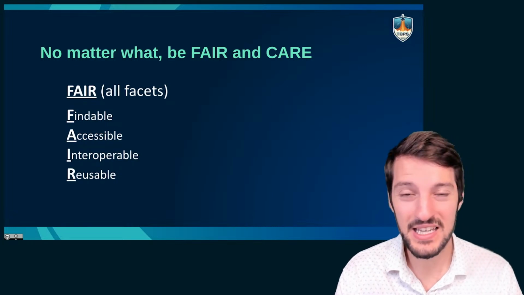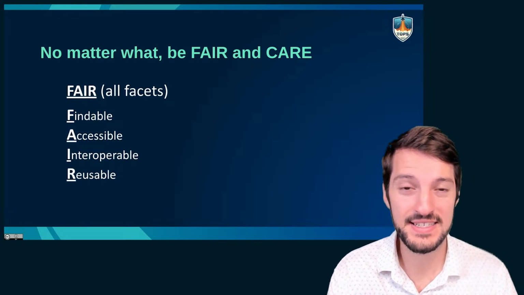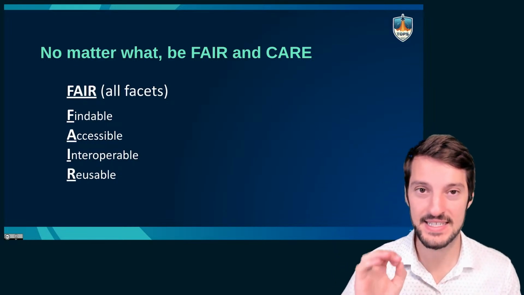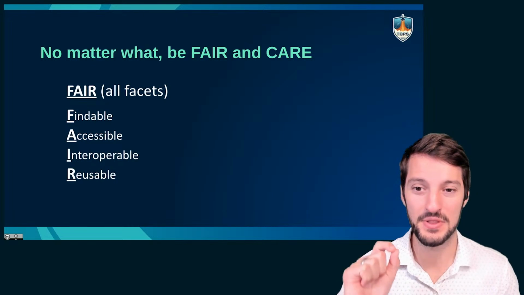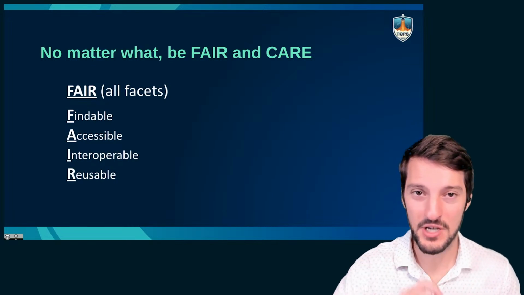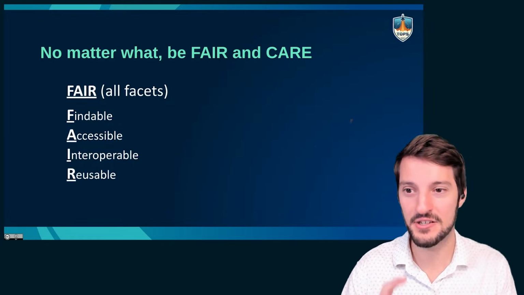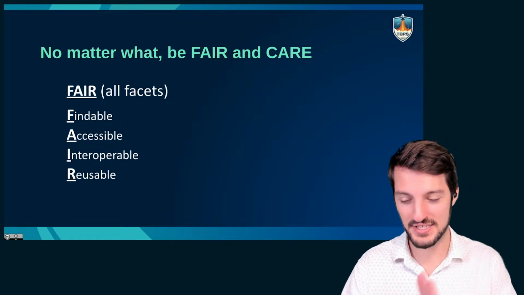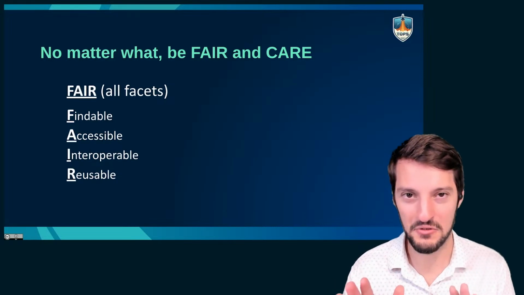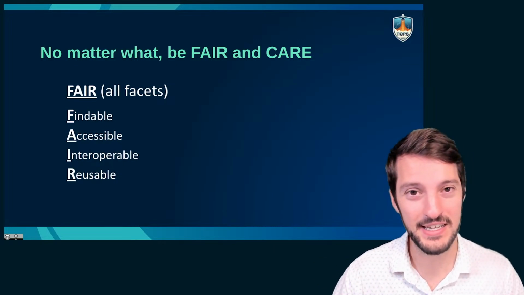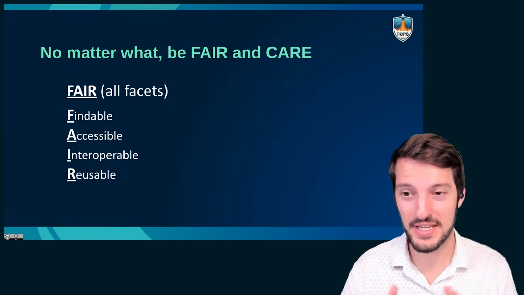Then it needs to be accessible. Just because you share something, whether that's a set of results, data, or code, and people can find it, is not enough. What this means is if you come across a data set that I have shared and you click on a link that says download data, and as soon as you click on that link, there's no download, and instead it redirects you to a brand new web page that says, to download this data, subscribe or pay $20.